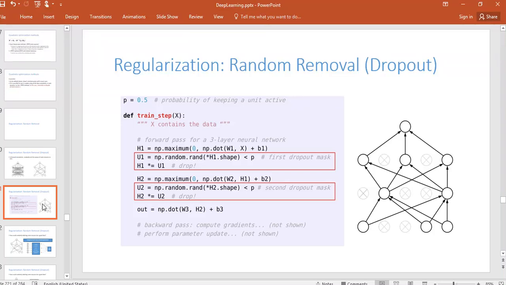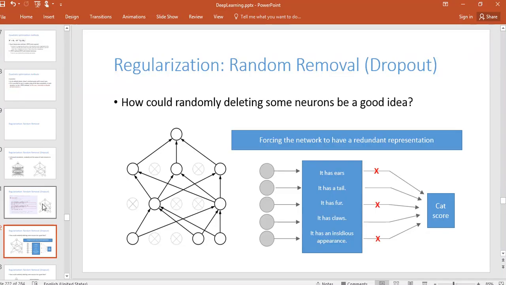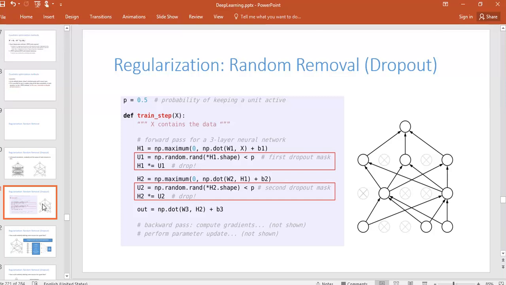In this code, p is the probability of keeping. In some other packages, p is considered to be the probability of removing.